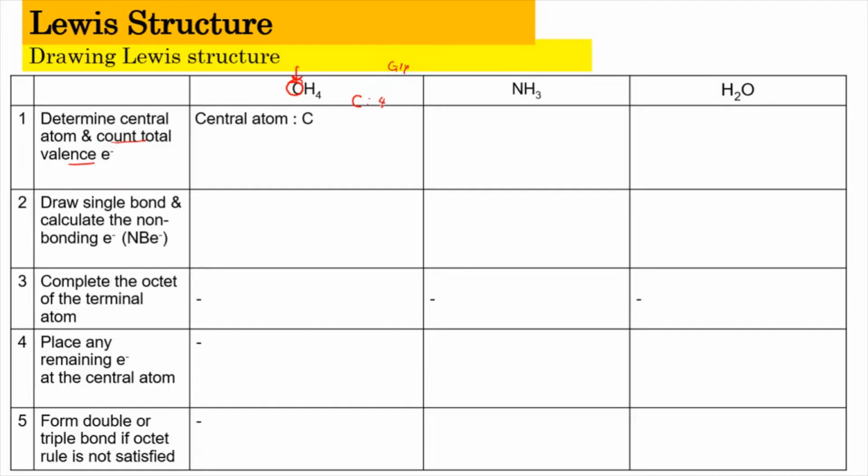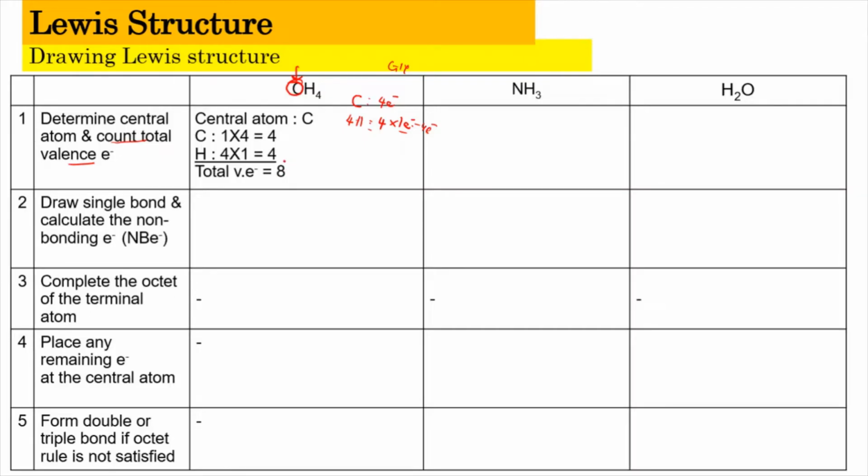So it's going to have 4 electrons. Meanwhile, we have 4 hydrogens here, which means 4 hydrogens multiplied by 1 electron because hydrogen is in group 1. So we get 4 electrons as well. The total number of electrons in the CH4 molecule is going to be 8.